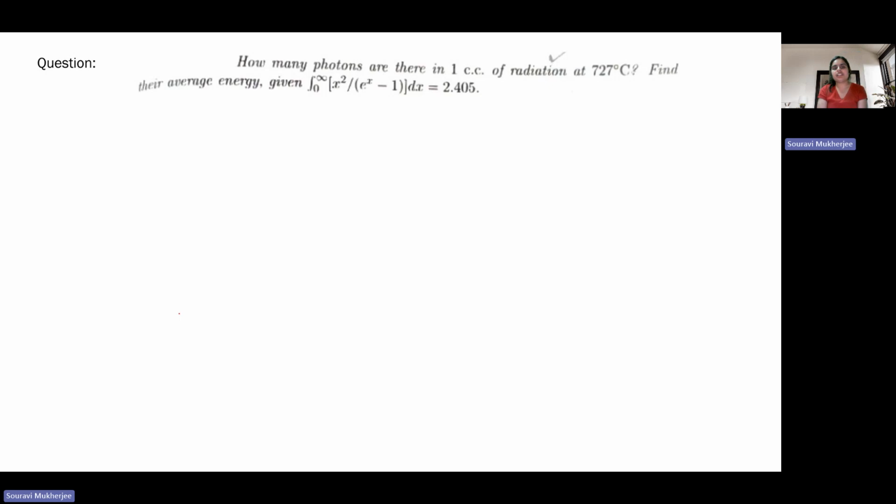Okay, so here the question says: how many photons are there in 1 cc of radiation at a certain given temperature, and you have to find the average energy given this integral. It's a little complicated integral, so the values are already provided. You have to first find how many photons there are, and then their average energy.